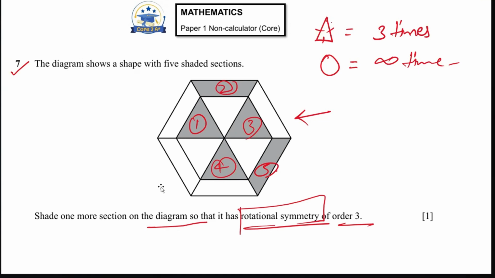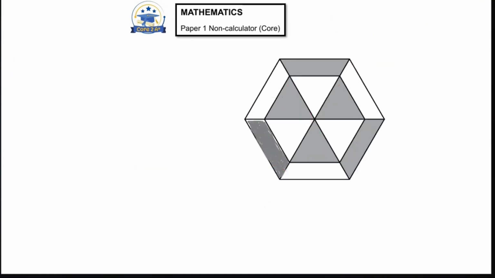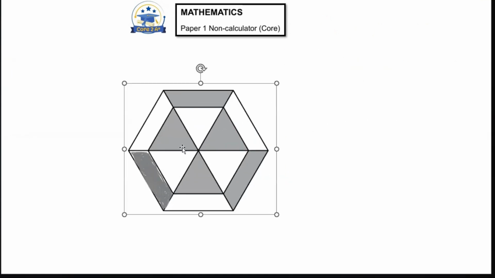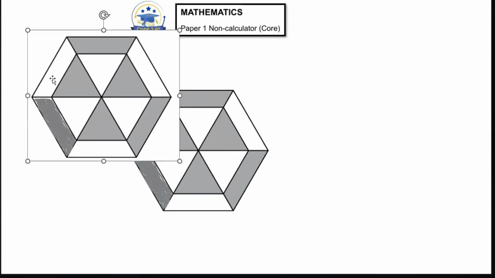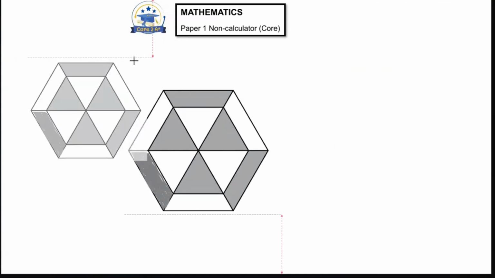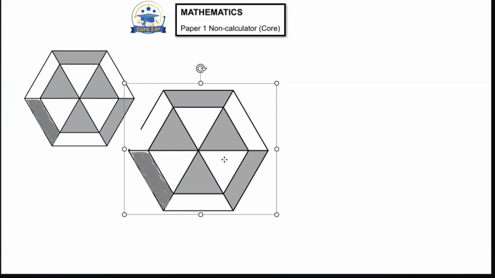So which one is it? I think you can see it is this one. Now you have to shade only this one more to get order 3. Let me show you. See, this is your answer. For reference, you can match with this.